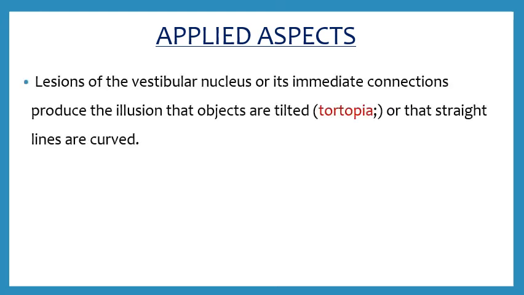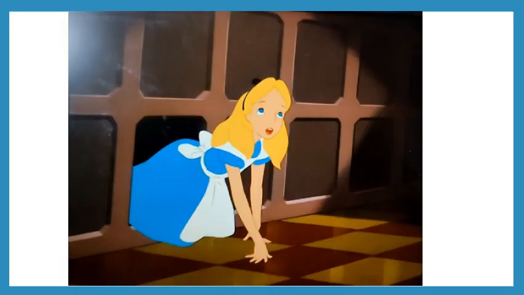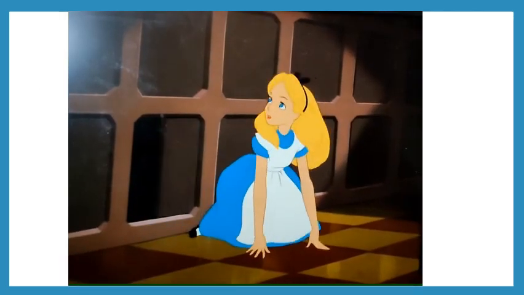If there are lesions in the vestibular nucleus, you can have an illusion that objects are tilted or even that straight lines are curved. That is due to a mismatch between the visual image and the vestibular input into the visual system. This shows how important the vestibular input to the visual system is, because otherwise you feel that the objects are tilted.